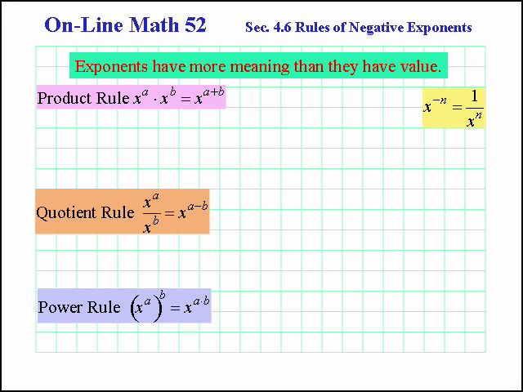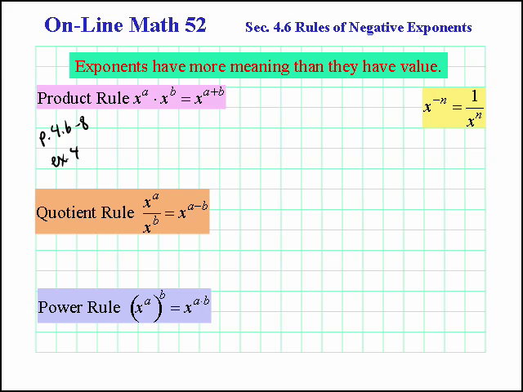But negative exponents work within the product rule, the quotient rule, and the power rule, just like they would as positive exponents. So for example, looking at page 4.6-8, example 4, these might be in different locations.